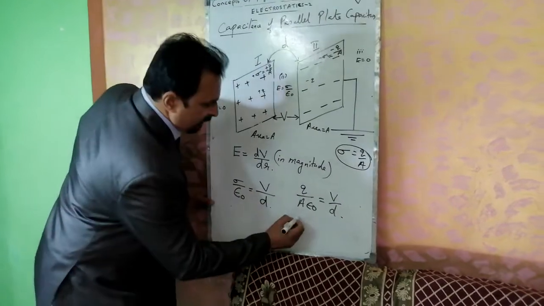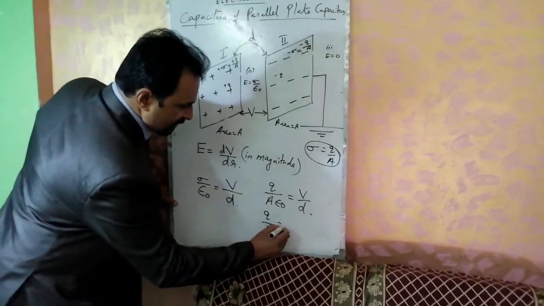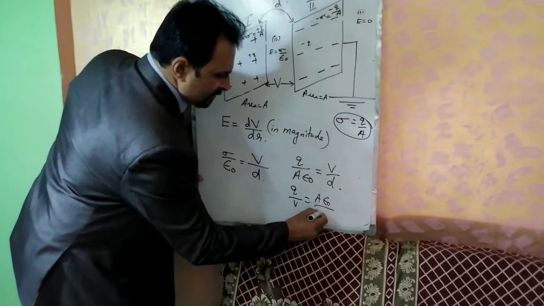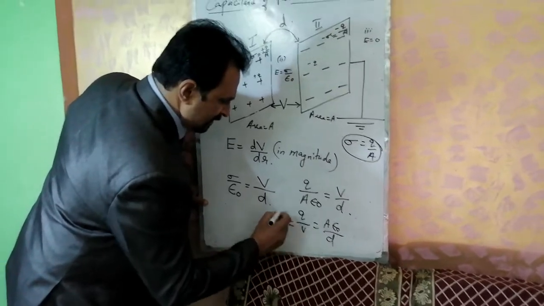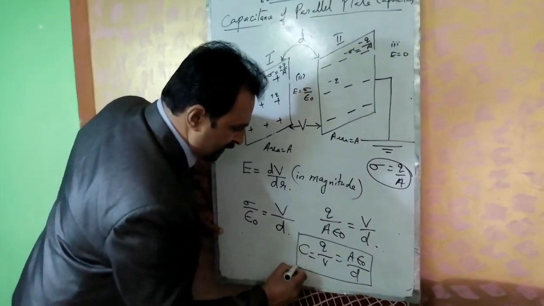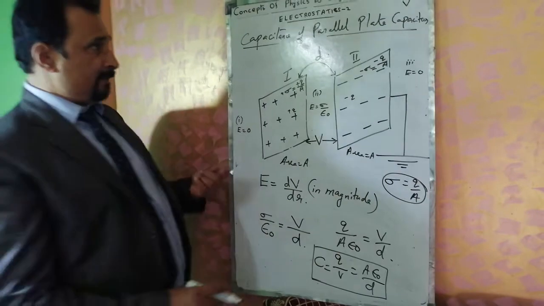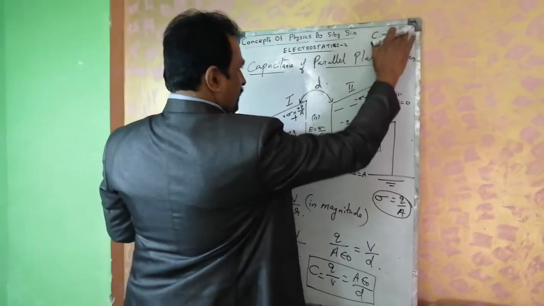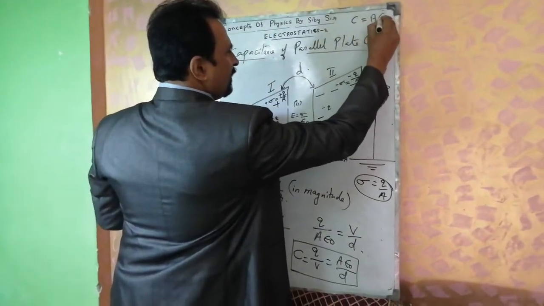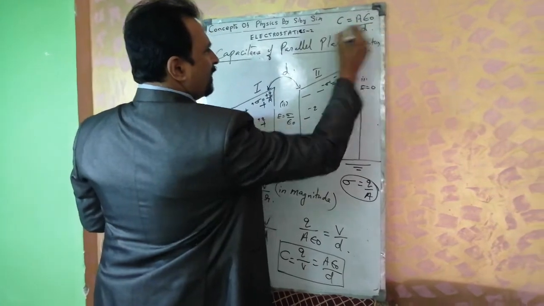Therefore, Q by V is equal to A epsilon naught by d. This is the capacitance of your parallel plate capacitor. So, capacitance of the parallel plate capacitor is equal to A epsilon naught by d.